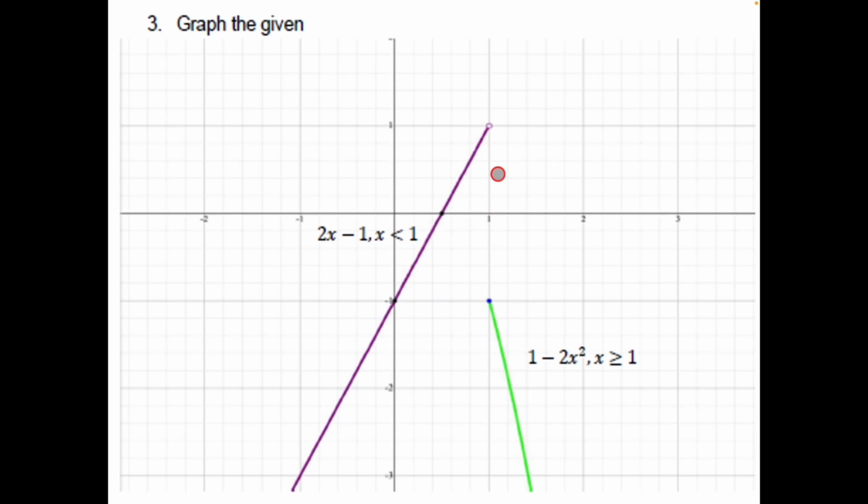Ito yung ating 1, 1, 0, negative 1, and 1, and negative 1, and negative 3. So, ito yung graph na yan. So, dito naman sa kabila is we have here the 1 minus 2x squared as x is greater than or equal to 1.